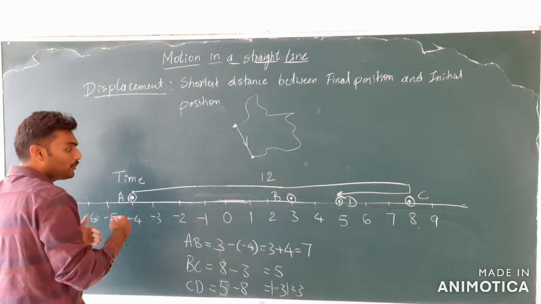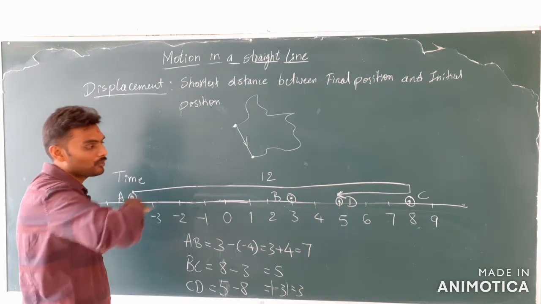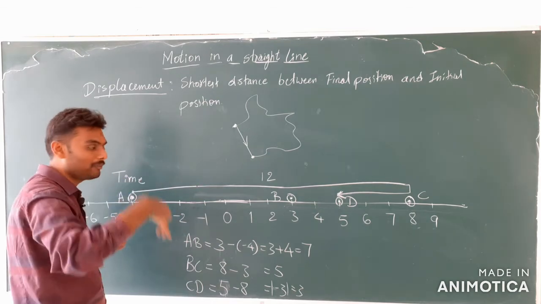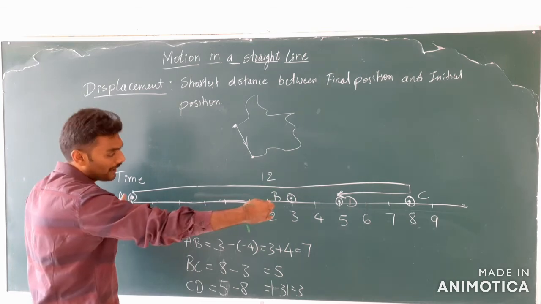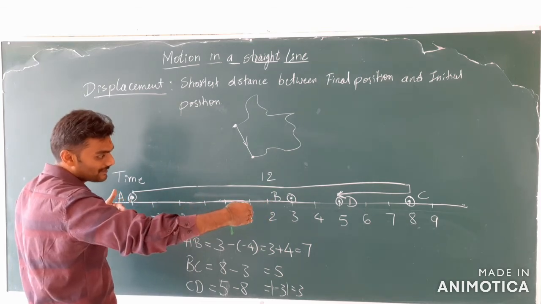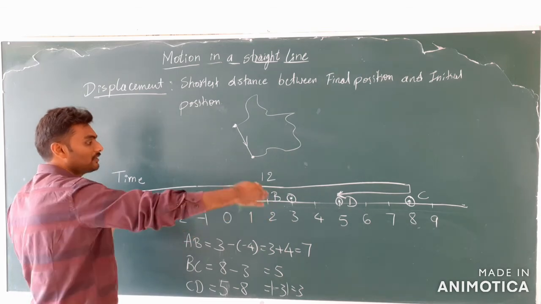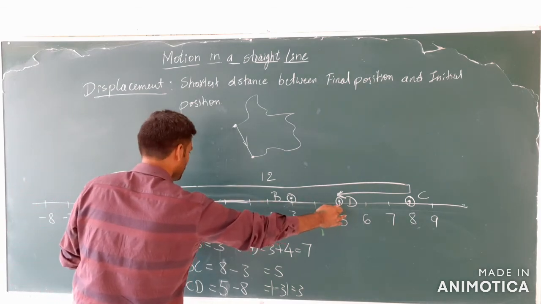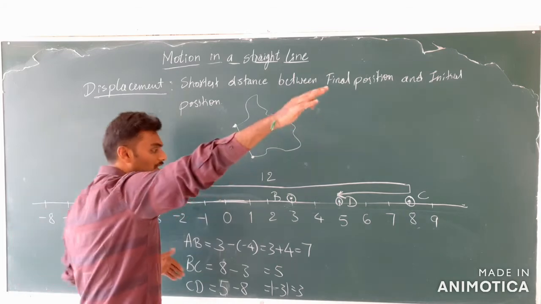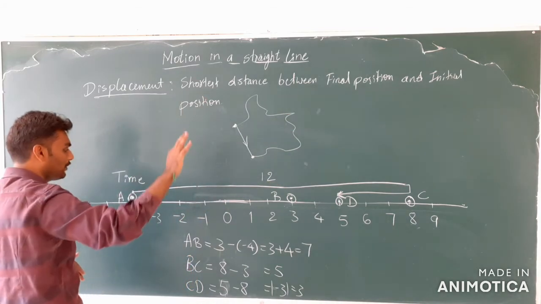Okay, how much the body has shifted. We will not bother about where all it has gone and come back. We will only look for how much the body has shifted, the shortest distance or shortest length between initial and final position. Shortest length is this itself, this much, right? Longest length can be anything, it can be infinity, no problem.